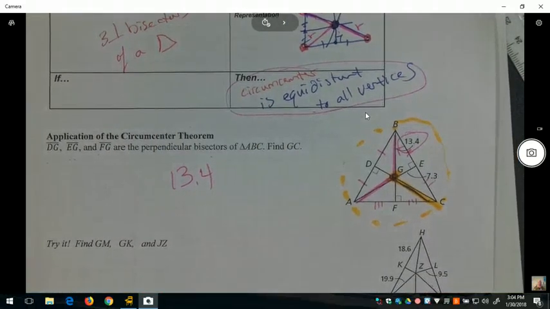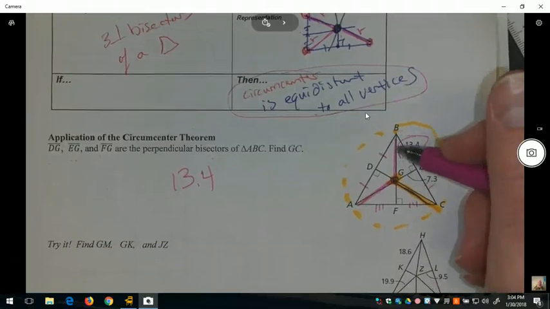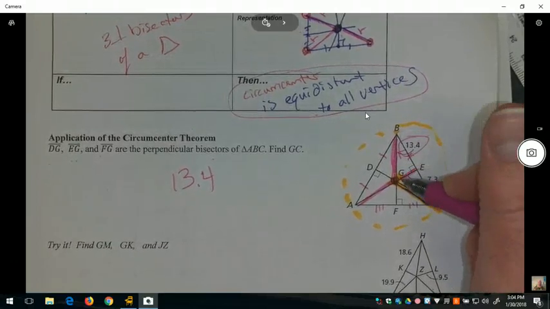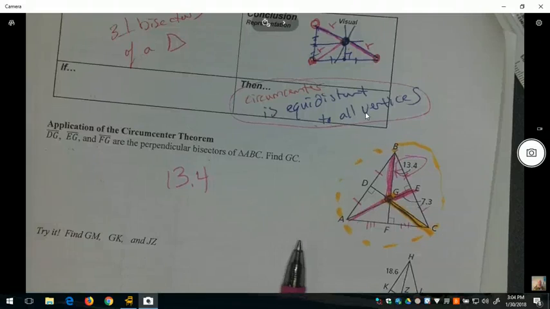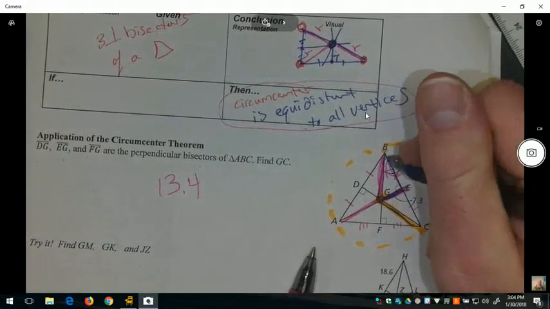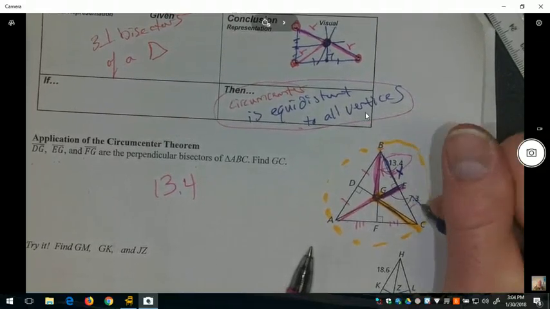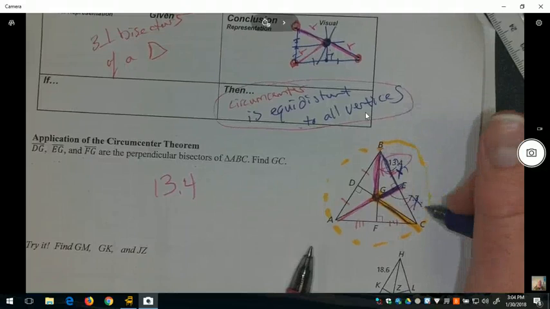There are other lengths I could find on this. Knowing that this is 13.4 and this is 7.3, and we have a right triangle since it is a perpendicular bisector, I could always solve for this piece right here, BE, using the Pythagorean theorem, and EC would have to be the same length.